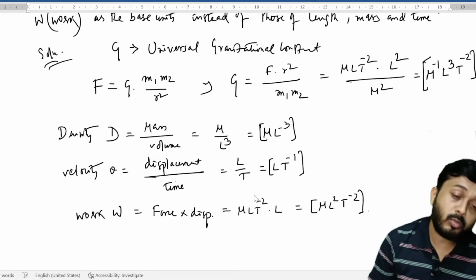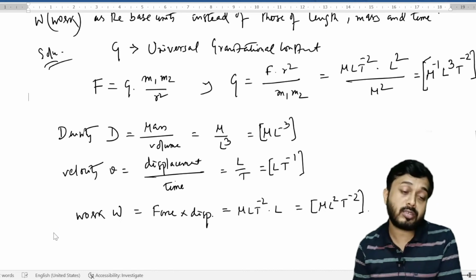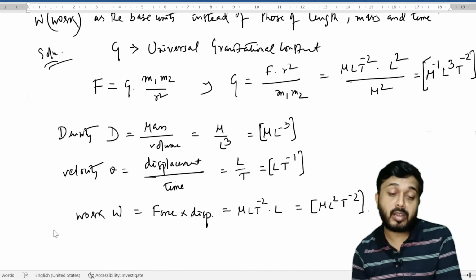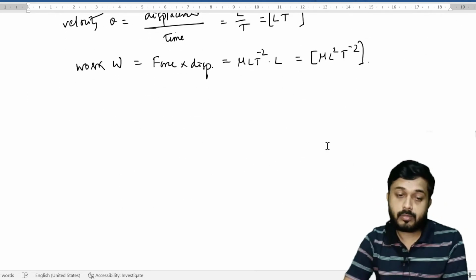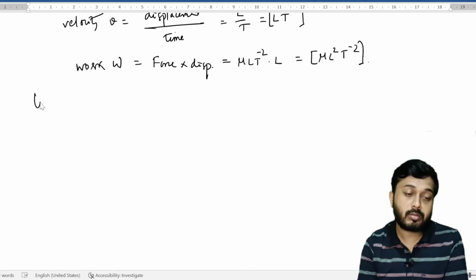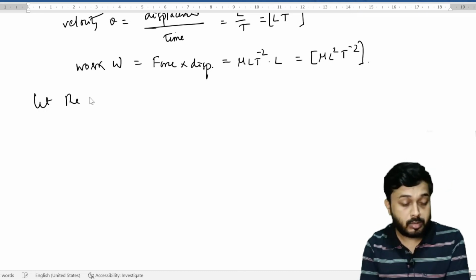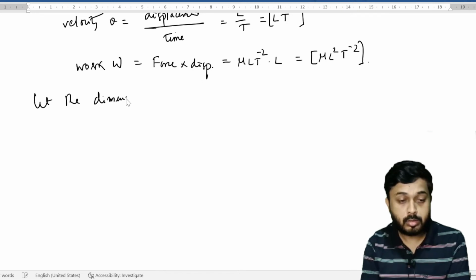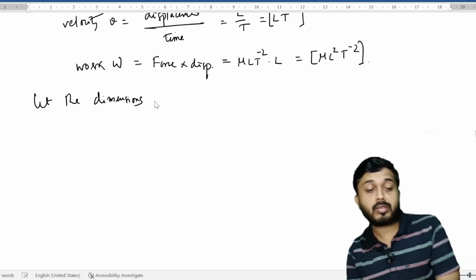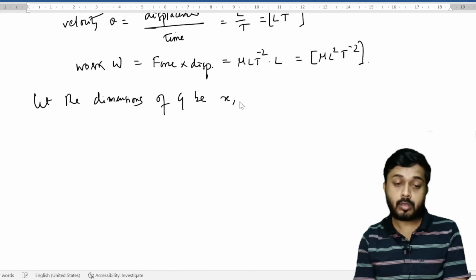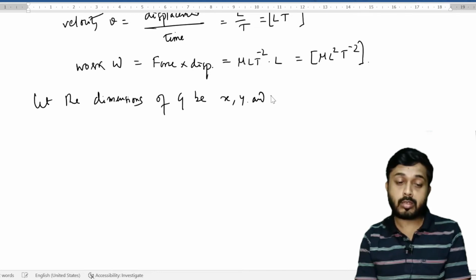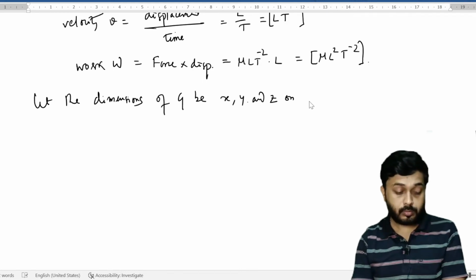Now we have to assume that the dimensions of G are x, y and z on d, v and w. That is, let the dimensions of G be x, y and z on d, v and w.